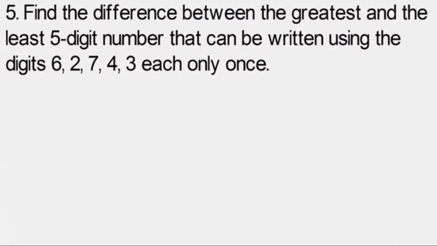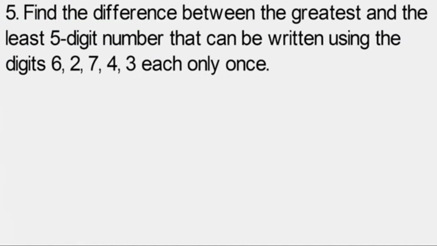It means what we have to do here is arrange the numbers in such an order that we first get the 5-digit number which will be the greatest, and similarly we will find its smallest 5-digit number.